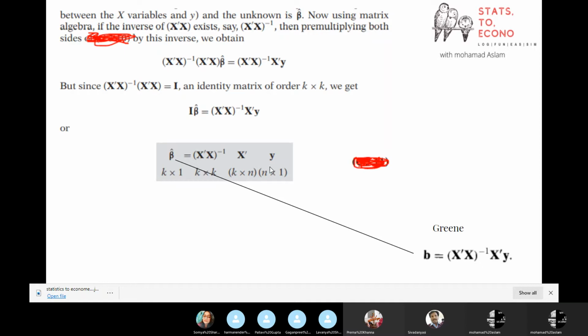Now you can cross check the dimensions. Left hand side k into 1, that's our row vector, this beta hat, beta matrix. And right hand side again we are left with k into 1. So whatever this matrix gives us after multiplication, that's the value for all the beta hat.